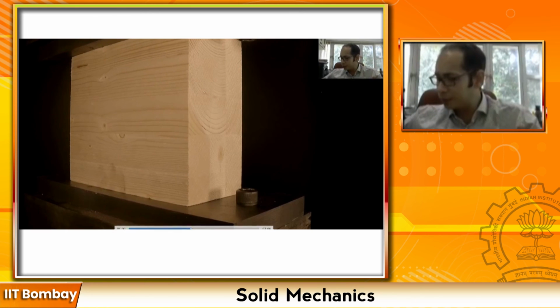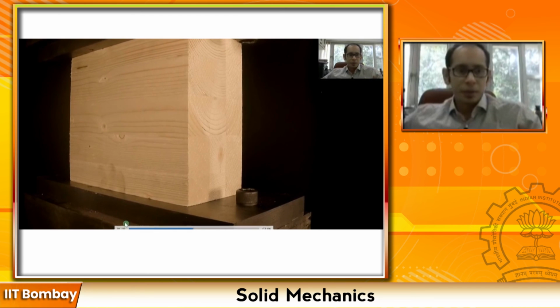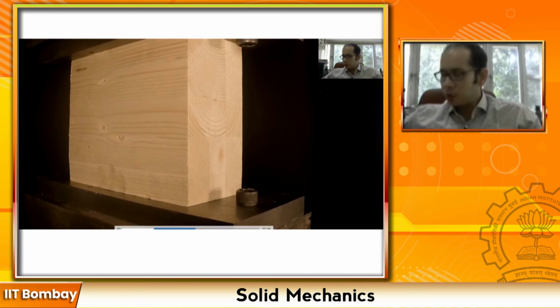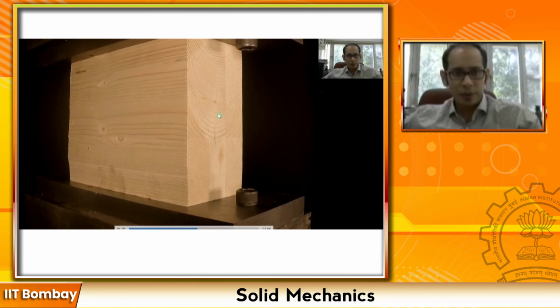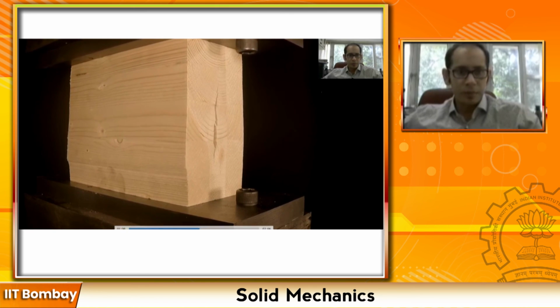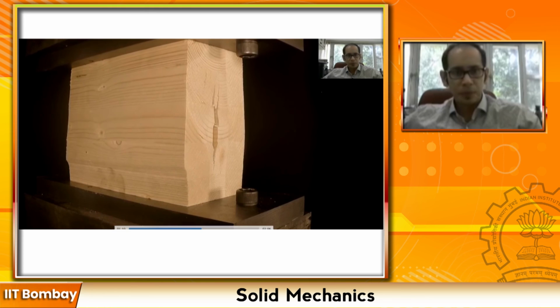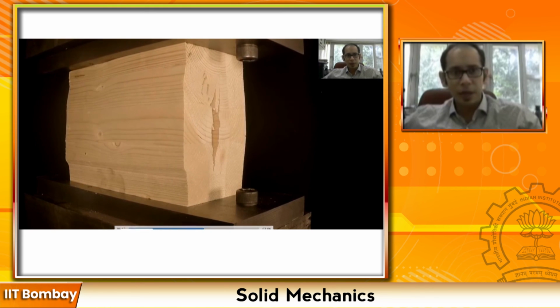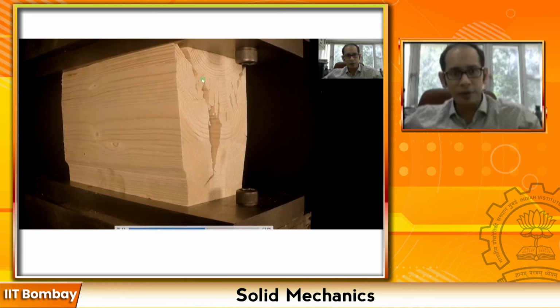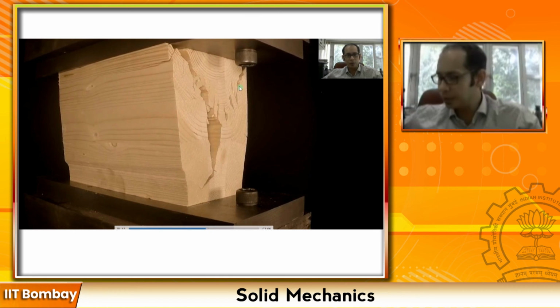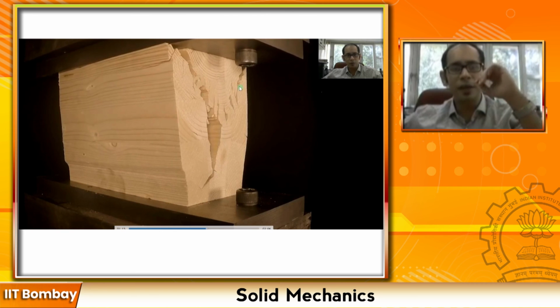So you see, because of the normal forces, you're starting to have a few cracks in between, but after a while the failure pattern starts to emerge along this 45-degree angle on both sides. Why? Because wood is substantially weak in shear, right? So after a while, the shear failure starts to happen at those 45-degree angles.